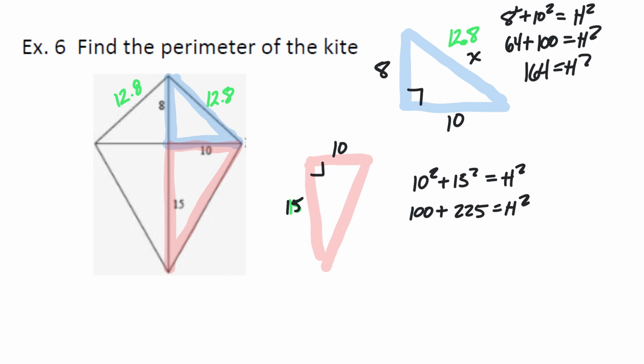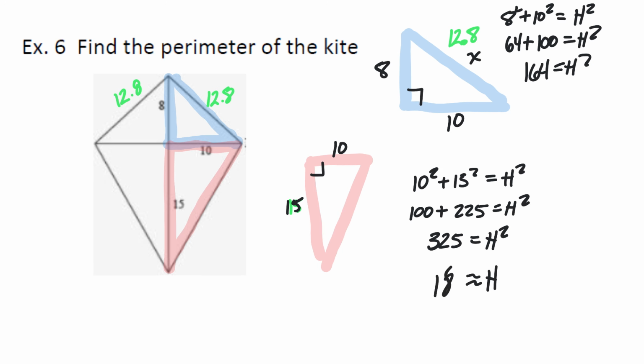Those are a couple of powers that I'm used to, so I'm going to just go ahead and do those. Together they make 325. And the square root of 325 is, it's not 18, but it wouldn't round up, so we're going to put approximately 18.